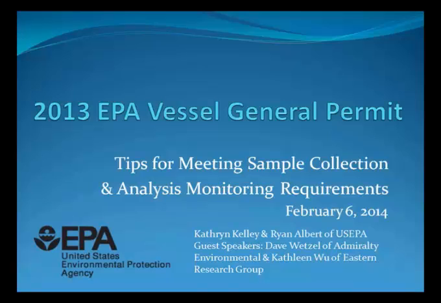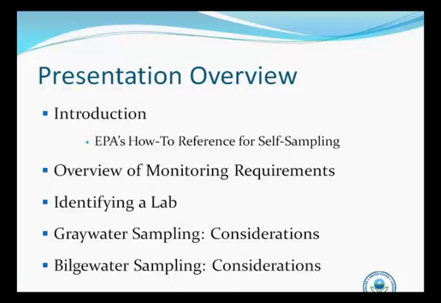My name is Ryan Albert. I'm with the U.S. Environmental Protection Agency, and I'll be joined by three speakers who I'll introduce in just a moment. So briefly, to run through today's presentation, we're going to talk about the sampling requirements for the four significant discharge areas in the VGP.